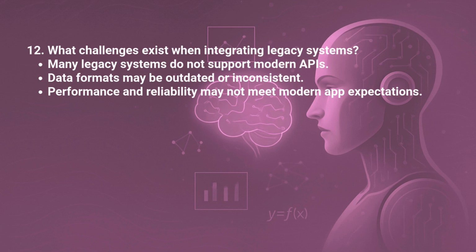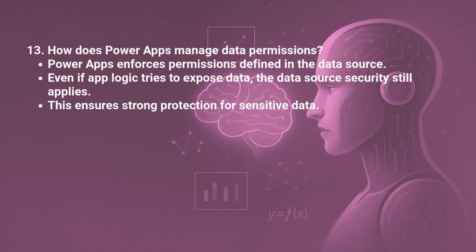12. What challenges exist when integrating legacy systems? Many legacy systems do not support modern APIs. Data formats may be outdated or inconsistent. Performance and reliability may not meet modern app expectations. 13. How does Power Apps manage data permissions? Power Apps enforces permissions defined in the data source.